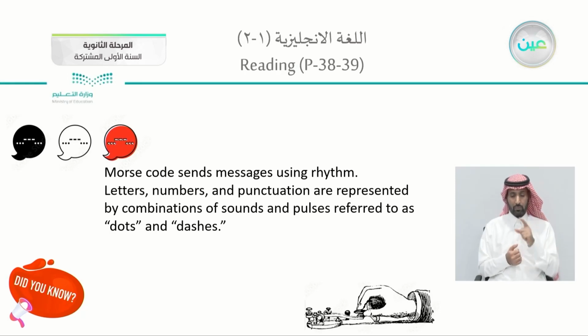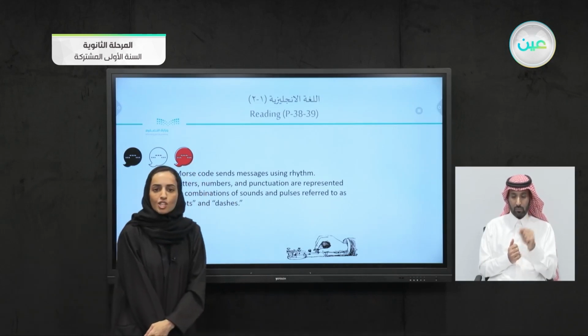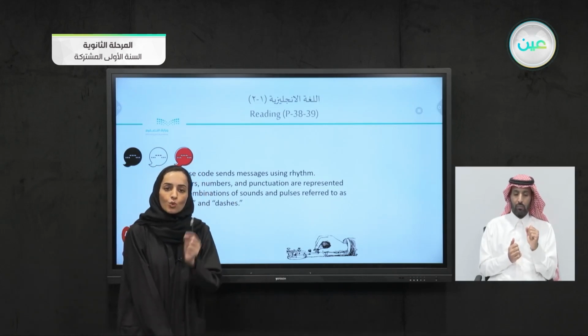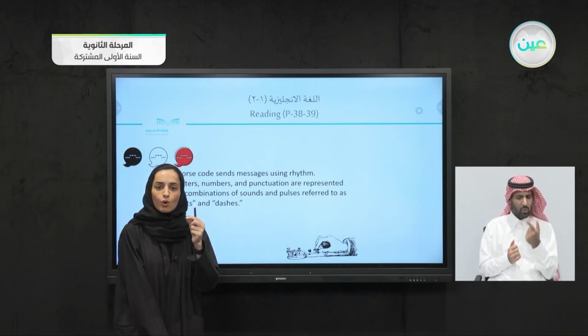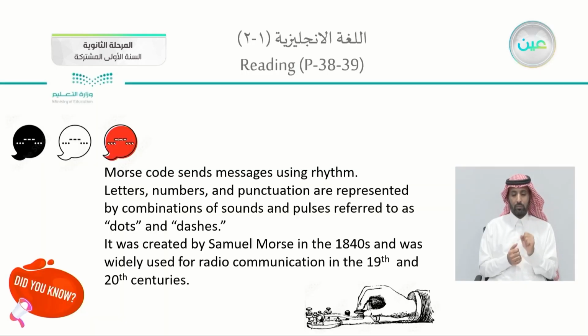We're having letters, numbers, punctuations, and they are all represented by a combination of sounds and pulses referred to as dots and dashes. So the language is all about dots and dashes. You can notice them in here, a dot and a dash. Each one symbolizes a letter or a number. Even full stops, commas, question marks have their own symbols.